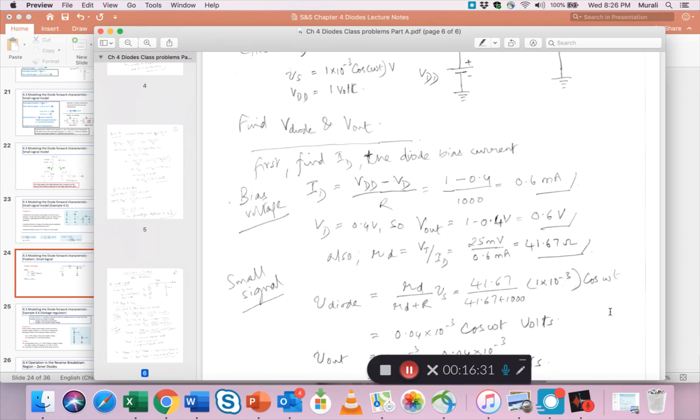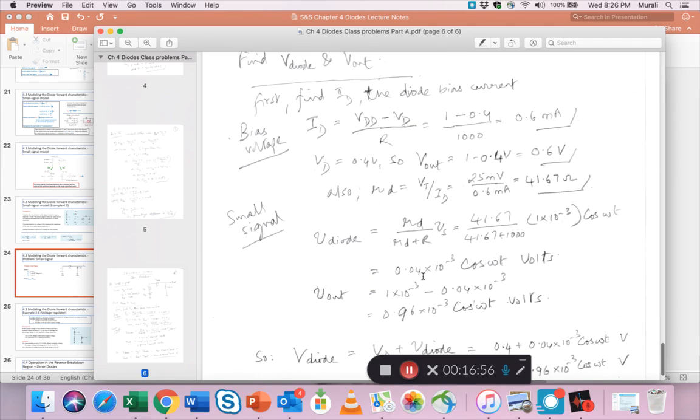Now looking at the small signal, we can use that same voltage divider formula we just learnt about, and so V diode small equals, applying that RD by RD plus R to the Vs, the small signal sinusoidal voltage, you come up with a value of 0.04 millivolts as the portion of the 1 millivolt that appears across the diode. So only a fraction comes across the diode.